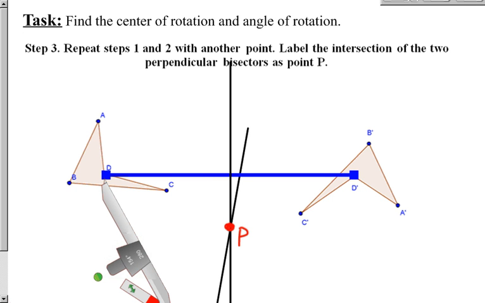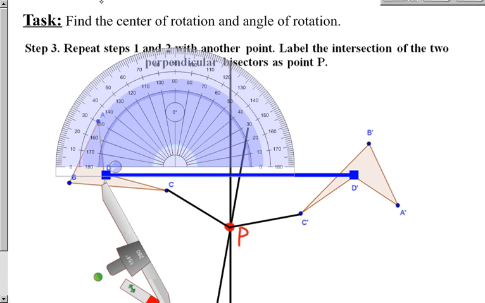Well, that could simply be done by creating an angle between any corresponding image and pre-image points. So let's do it with C. All right. So let me construct a line segment from C to P, and then from P to C prime. And then all I have to do is use a protractor to find the angle measurement. So here we go.